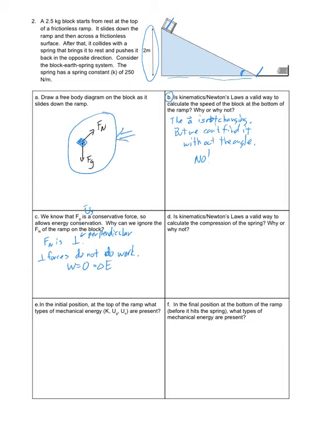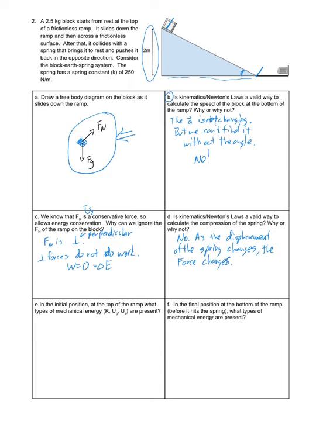Is kinematics or Newton's laws a valid way to calculate the compression of the spring? Now this one is a clear no, because as the displacement of the spring changes, the force of the spring changes. That should kind of make sense.